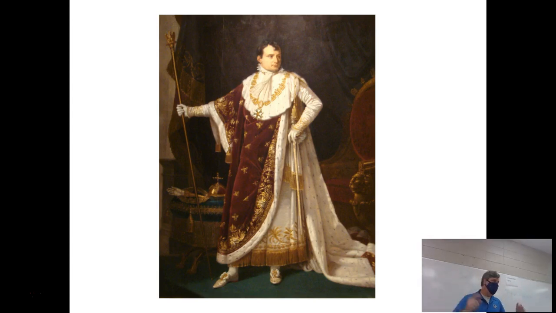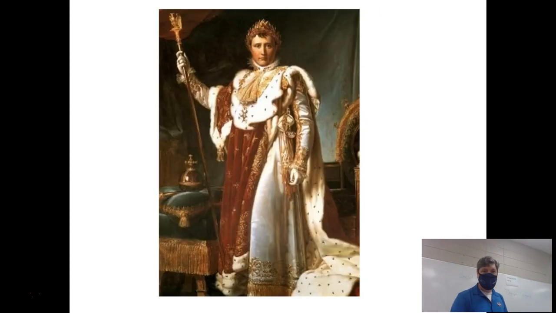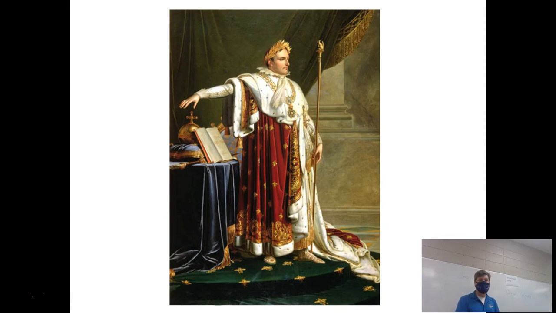If you didn't know better, what does that kind of look like? If we look at the style of that outfit there. And I want you to look at this here. Why don't we go back to another one? And there's little hints. Look at that crown he's wearing. That doesn't look like the crown a French king would wear.